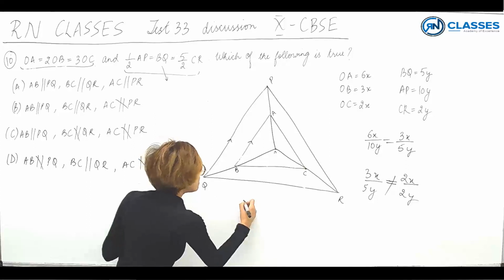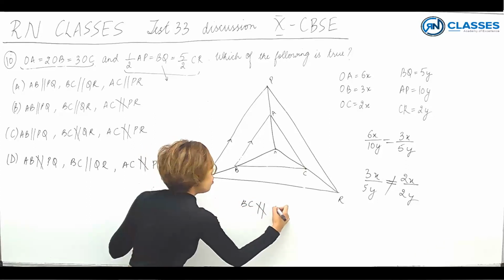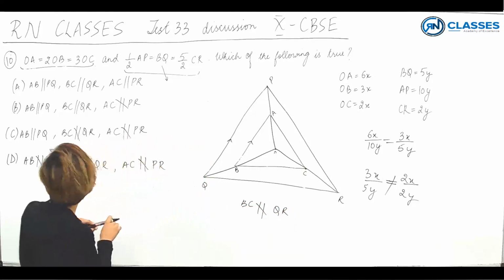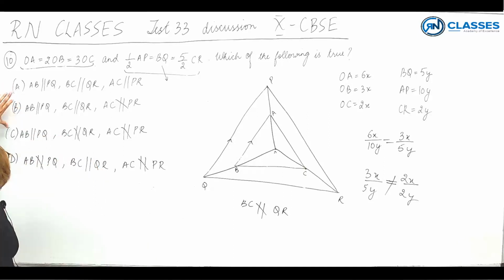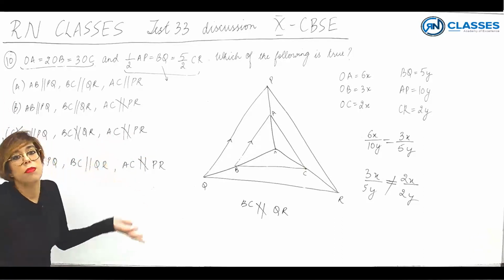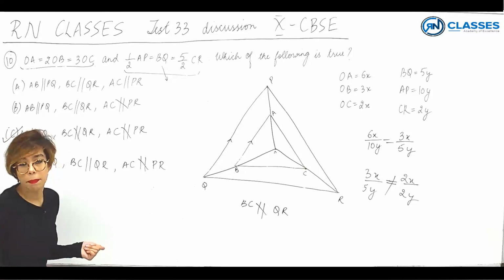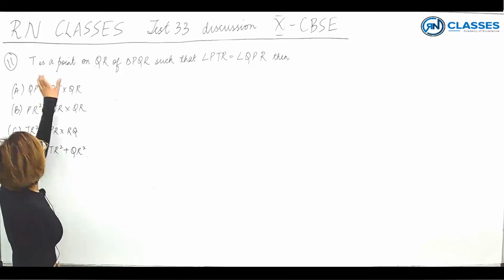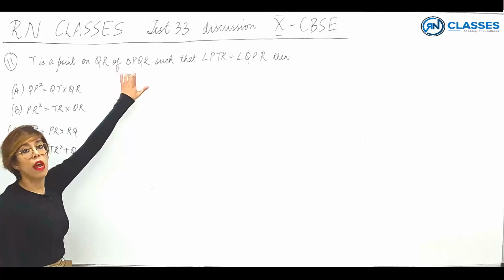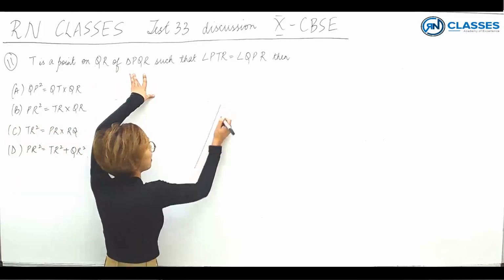So BC is not parallel to QR. Now check, the answer will come from somewhere. So AB parallel to PQ should be among these three. And BC is not parallel to QR. That means option C is the correct one. I won't check the remaining ones because my answer is already there. So the next one. T is a point on QR of triangle PQR. So let me consider the triangle PQR.